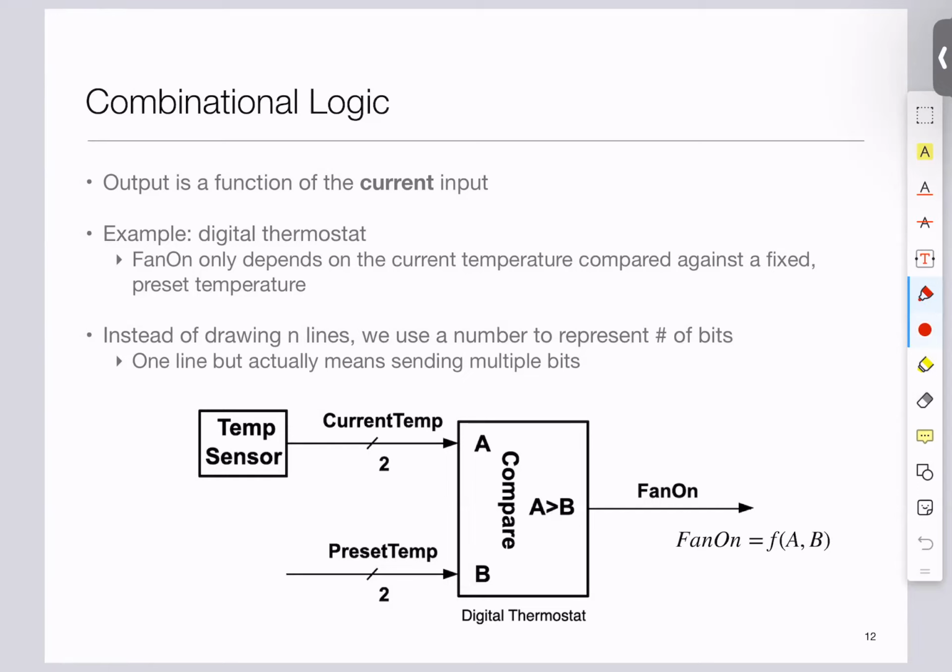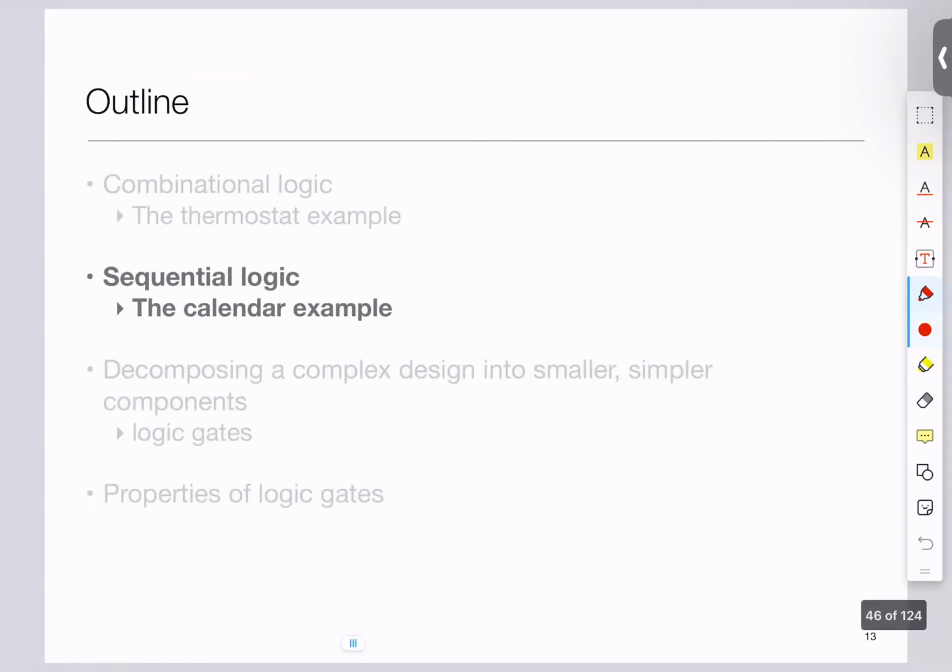This is an example of a combinational system because, barring those little delays, at all times t the output is a comparison of the two inputs. But that leads to the second type of systems, which have memory.